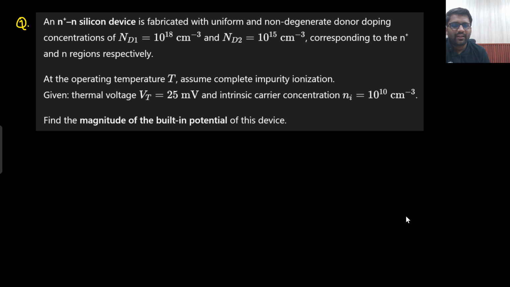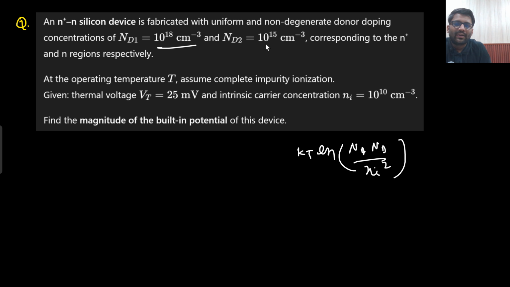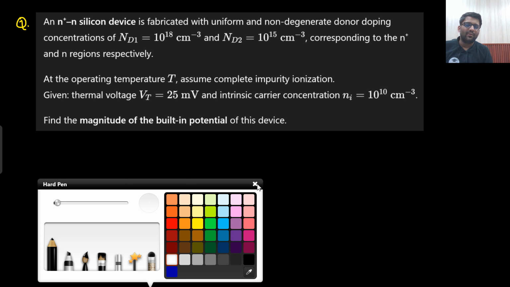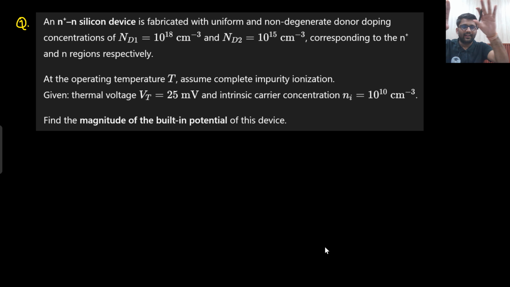Those who did not study in a good manner, what would they do? They would apply the concept of the PN junction. In a PN junction, the same formula comes out to be KT ln NA ND by Ni square. So they would multiply both of them divided by Ni square, and they would mess it up. But forget about all these things. I know what kind of junction I am making: N plus N, higher concentration divided by lower concentration. There is no P, right?